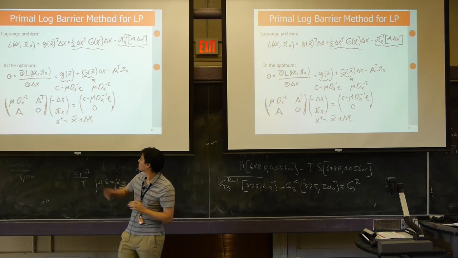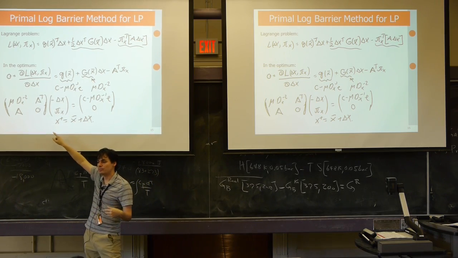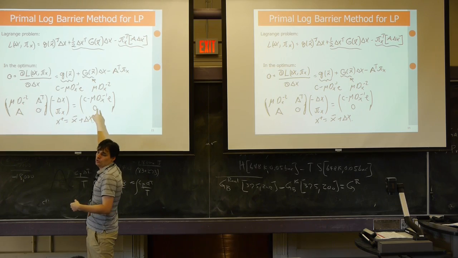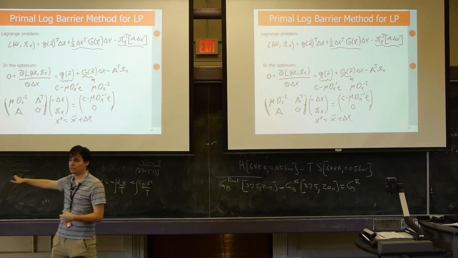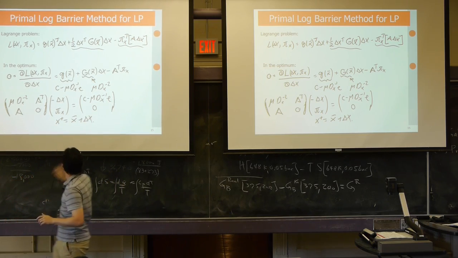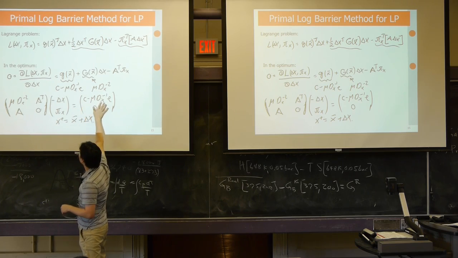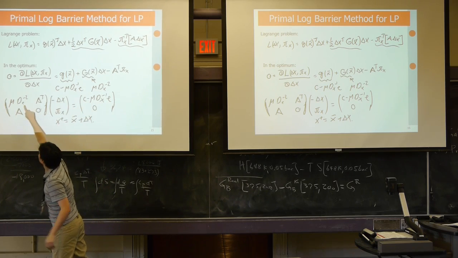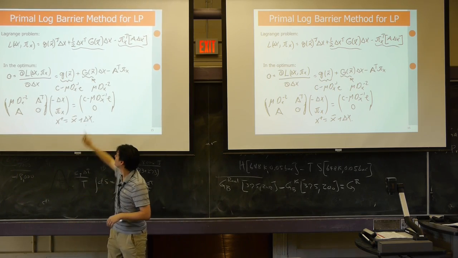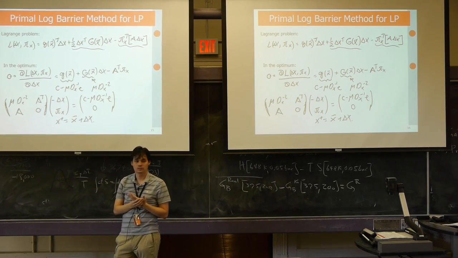Okay, so you have a new point x plus, and then in the next step, you can reduce your mu because you want to converge to 0, and then you redo this whole thing. You calculate these new parameters, solve the system again, and hopefully that works.